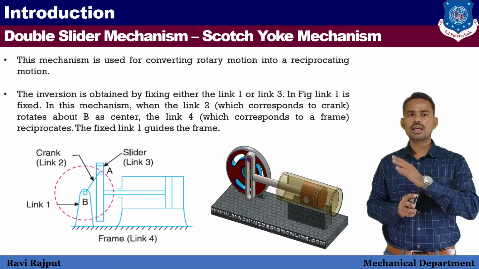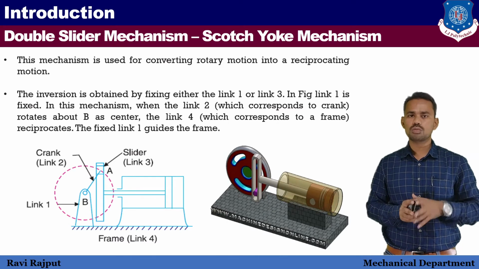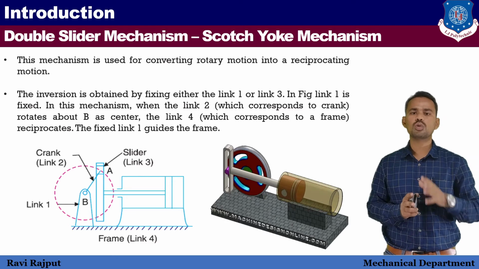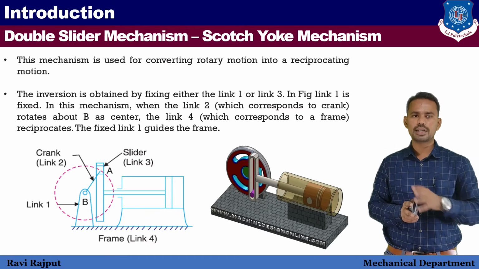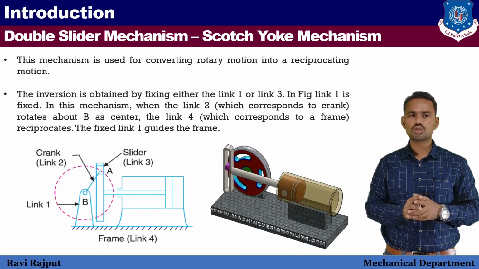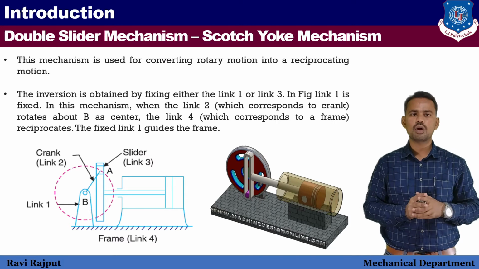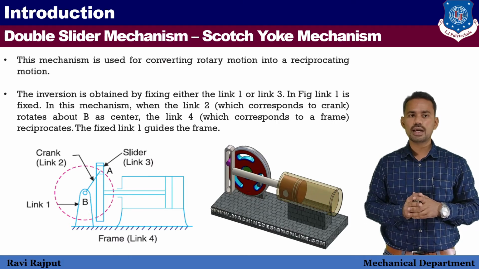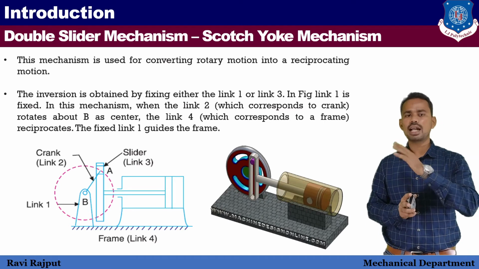So link 1 is fixed here, and in this mechanism link 2 corresponds to the crank, which is shown here in the red colored plate. It rotates about the center, denoted as point B. So there will be a turning pair, and link 3, the slider over here, slides inside the cylinder.